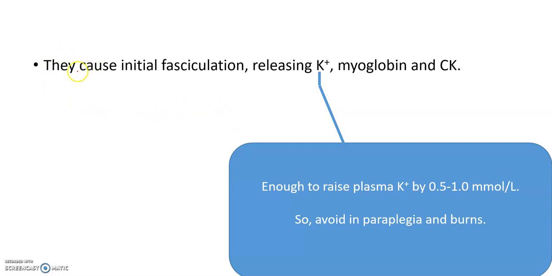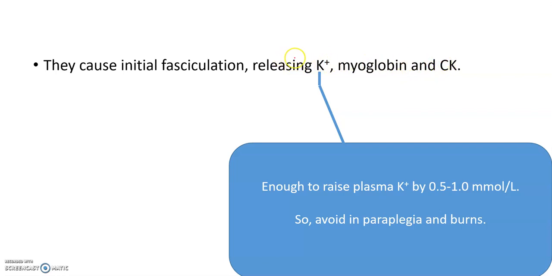So then giving suxamethonium or succinylcholine will cause initial fasciculation, release of potassium, myoglobin, and also creatine kinase.